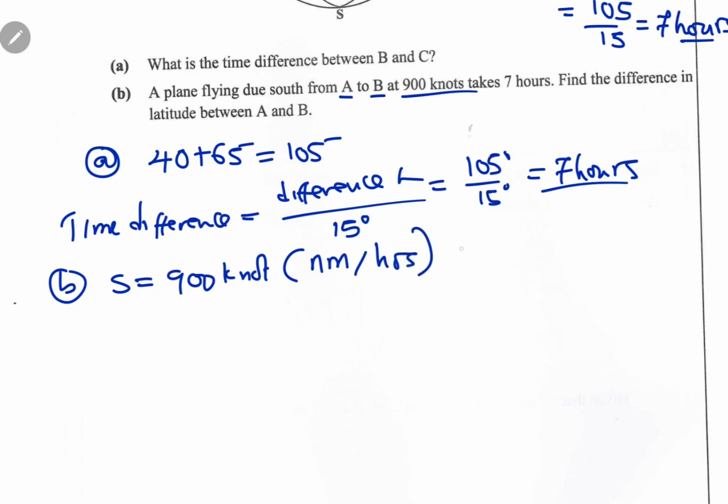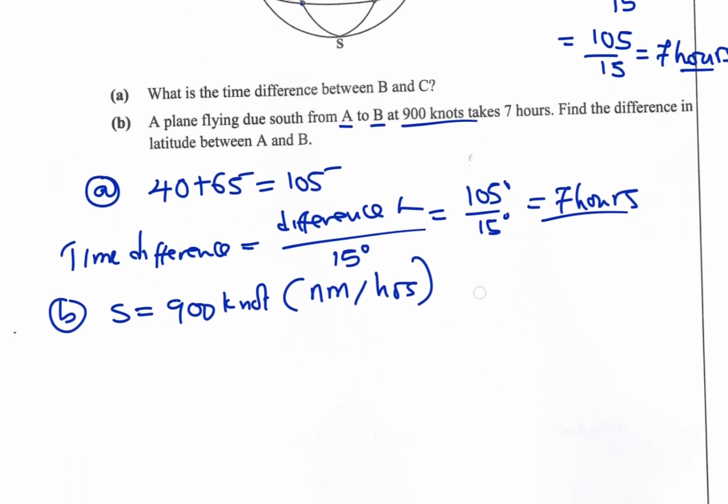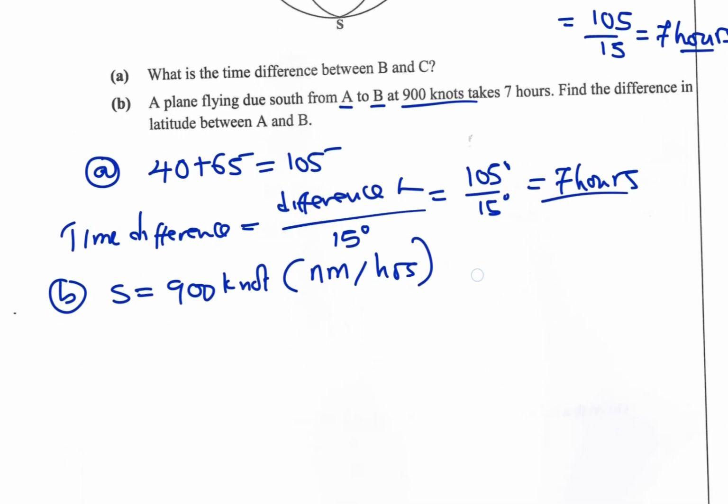Divided, it gives us knots. Take 7 hours. Find the difference in latitude between A and B. So in other words, we are finding theta.